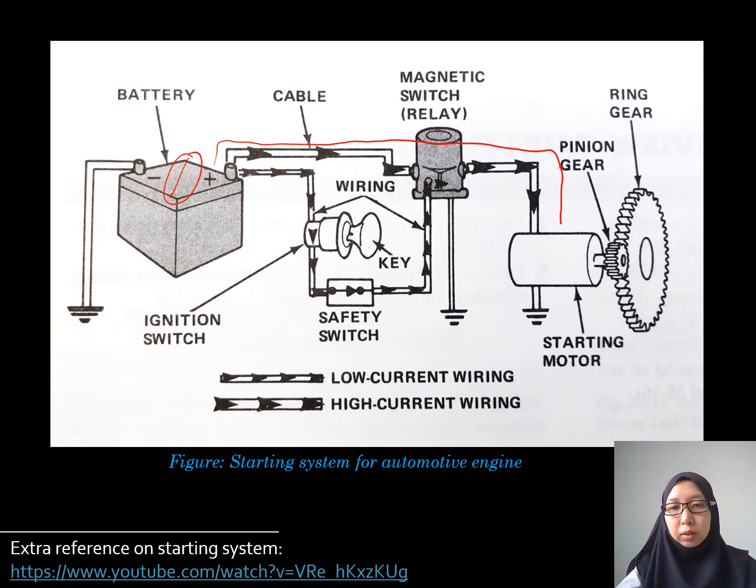Then it will rotate the starting motor, which then will rotate this one, the ring gear at the flywheel.